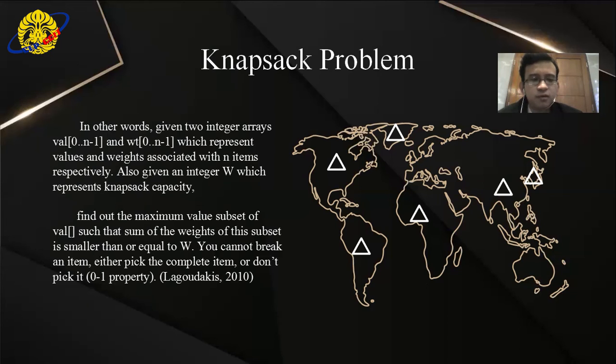Find out the maximum value subset of items such that the sum of the weights of these items is smaller than or equal to W. You cannot break an item: either pick the complete item or don't pick it. This is the 0-1 property.